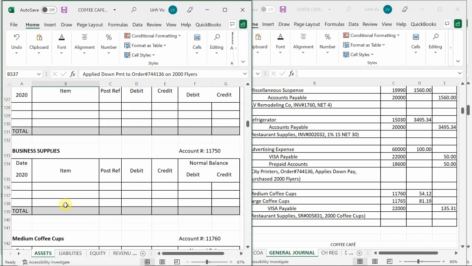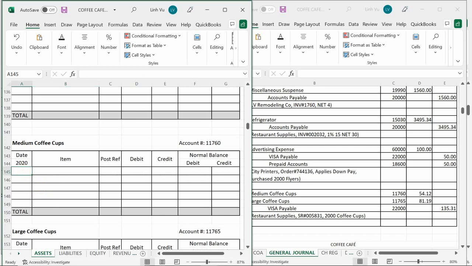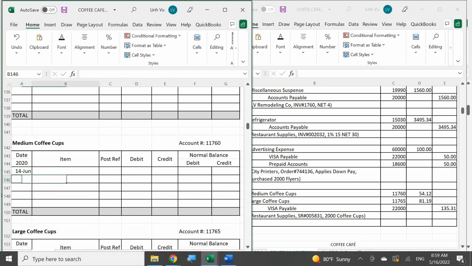Okay. So first one here is medium coffee cups. So I'm going to go ahead and say it's the 14th. We purchased 1,000 cups at 5 cents each, which gave us a total of $50 plus 8.25% tax, which gave us $4.12.